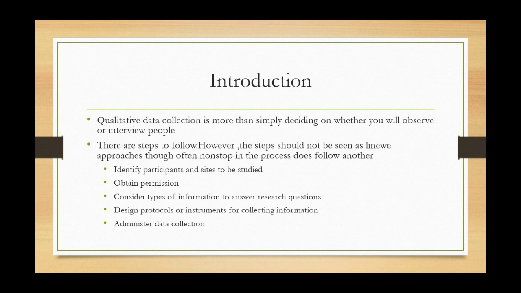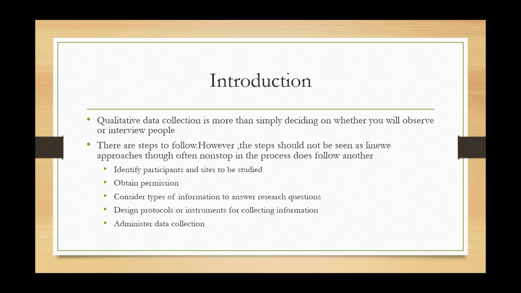Then the third step: you have to consider the types of information that will best answer your research questions. Whether you are doing interviews, observations, or document analysis, etc., you have to specifically point out what types of information will help you answer the research questions.